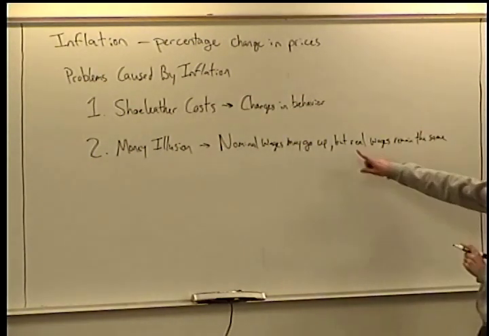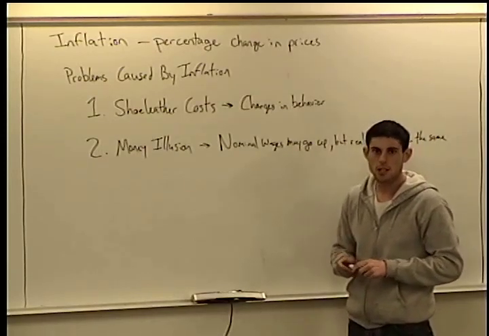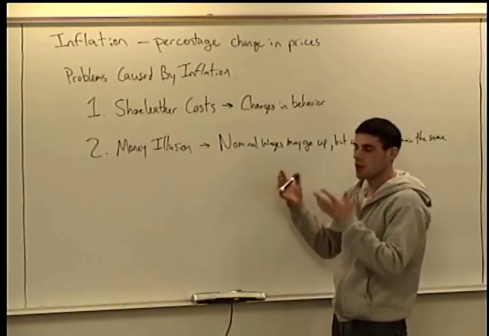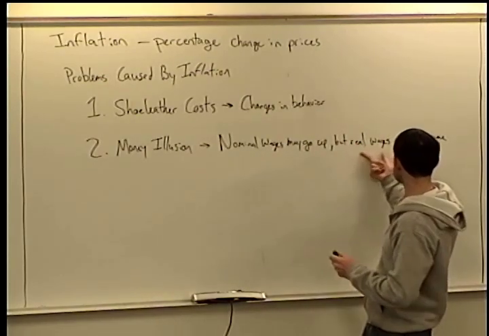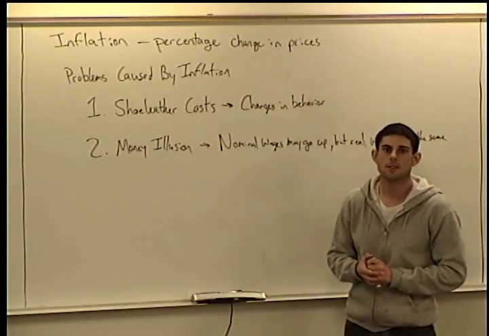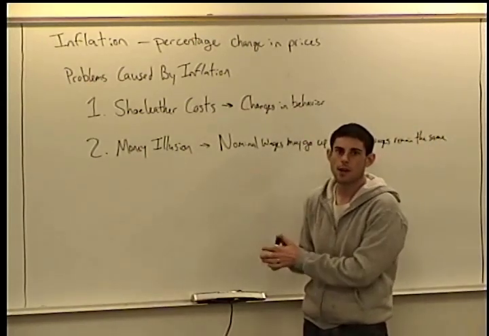What we mean by nominal wages is the dollar amount that you're paid. So just like nominal GDP, it's in nominal dollars. So I make $20 a year, okay? Well, real wages is how much that $20 can buy you in goods and services. Okay, so $20 a year today isn't going to buy me anything.